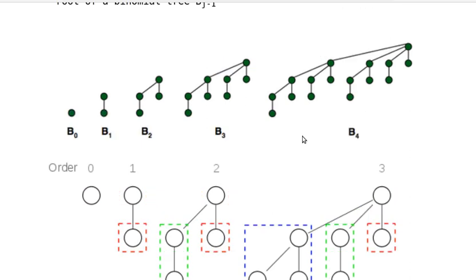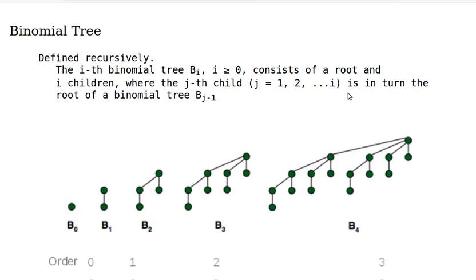So this is B4: root, B0, B1, B2, B3, so totally 4 children. So it is defined recursively like this.